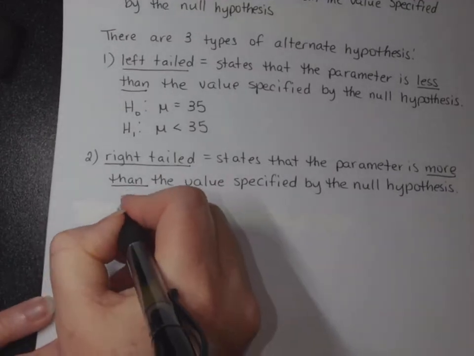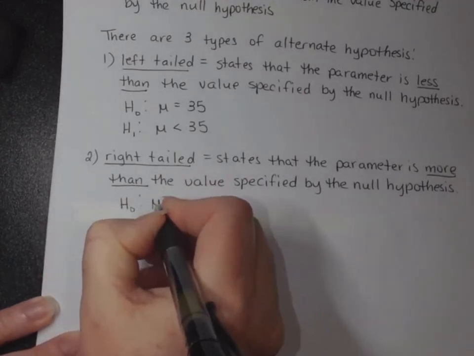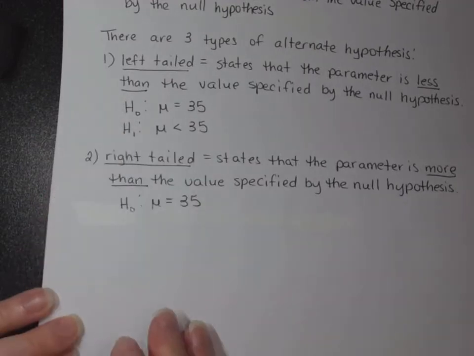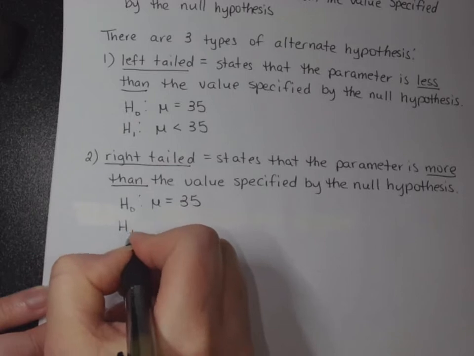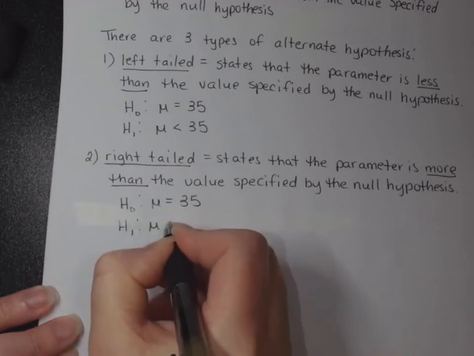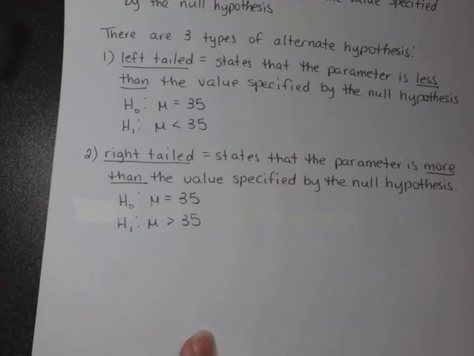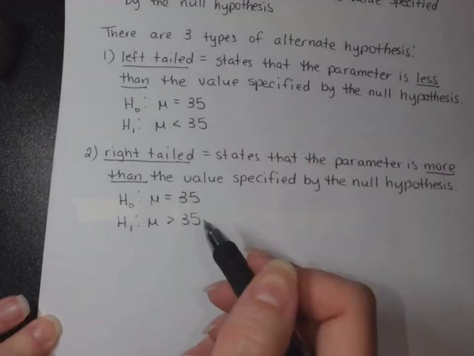With the right-tailed test, we might say, hey, we think the average temperature is 35. Notice the null hypothesis of both are the same. But in the alternate hypothesis, if that doesn't turn out to be true, then maybe the temperature is greater than 35. So that's the only difference between the two, less than, greater than.